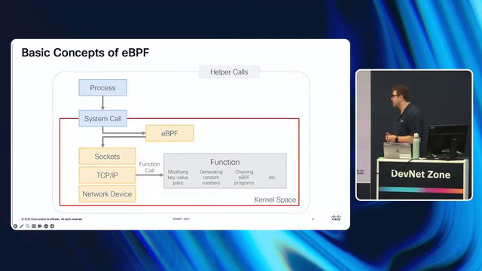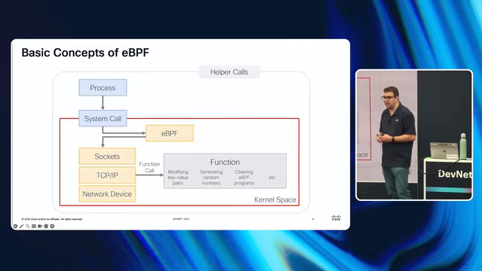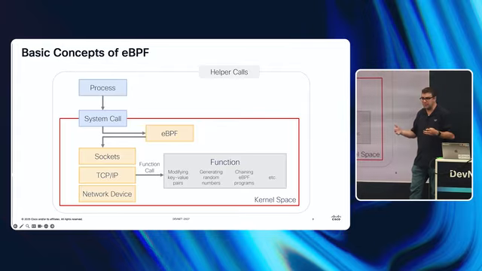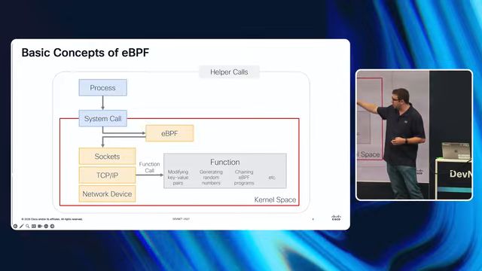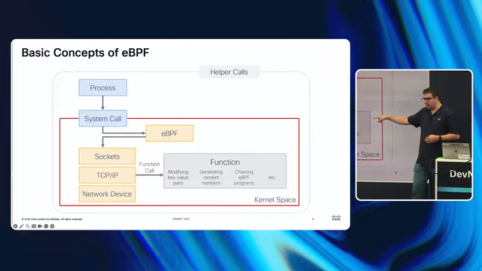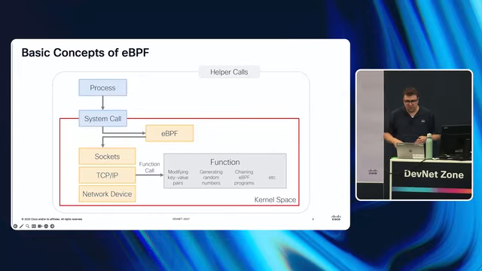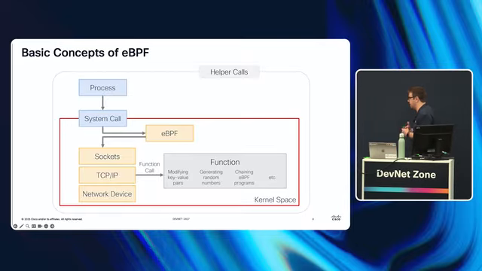Now, we have this concept of helper calls as well, and this is where a lot of the useful functionality can occur with your eBPF programs. The eBPF hook triggers it from that system call, and inside of here a lot of different functions can take place. You can search, update, and delete key value pairs in memory, and generate different types of random numbers for whatever process you're doing.